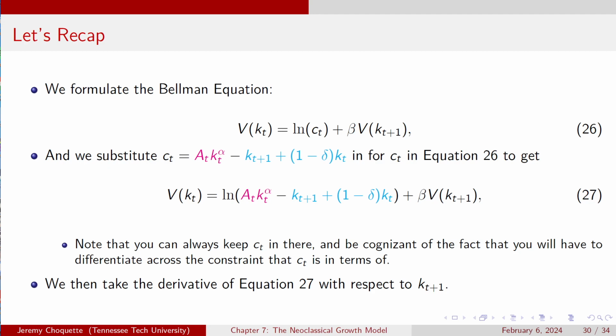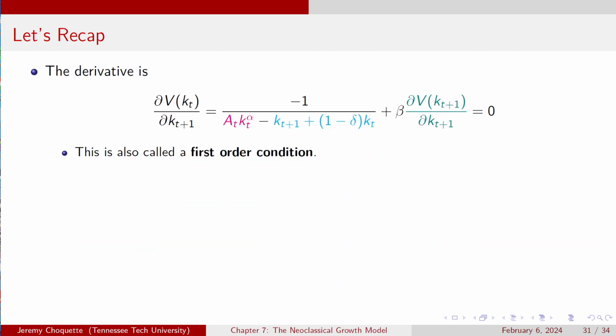So you take the derivative of equation 27 with respect to kt plus 1. That derivative is this: minus 1 over (A kt to the alpha minus kt plus 1 plus 1 minus delta times kt) plus beta times the partial of V of kt plus 1 with respect to kt plus 1. This is a first order condition, right?